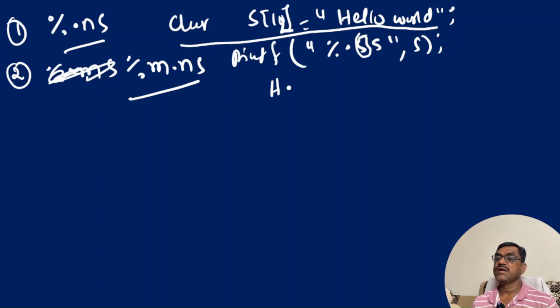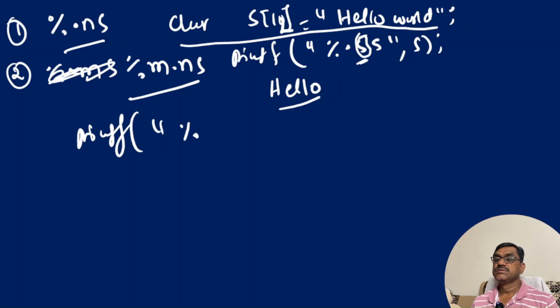It is going to display hello, only hello, the first 5 characters. That is very, very important. Now, when you use another notation like printf percentage 6.5s, double quotes close comma s, what happened in this case? In total there are 6 spaces reserved.